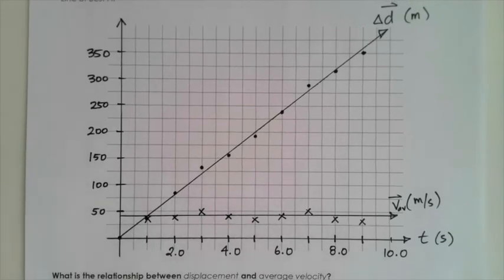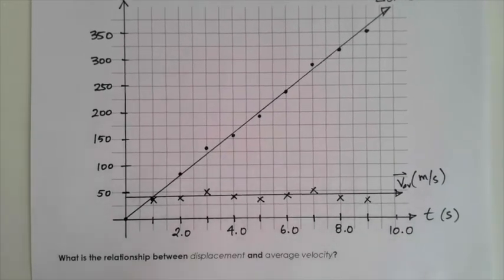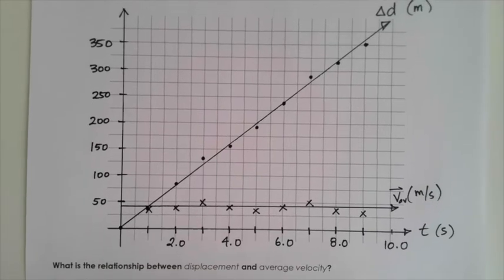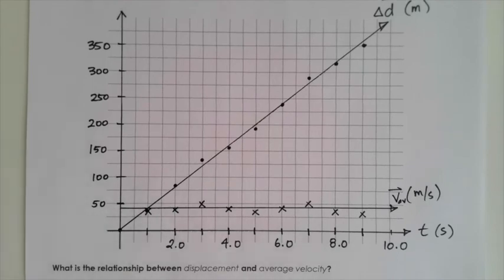Once you're finished your graph, please spend a few minutes thinking about what is the relationship between these two quantities. How is displacement related to average velocity? You can pause the video here while you give it a try, and then I will chat about it in a moment.